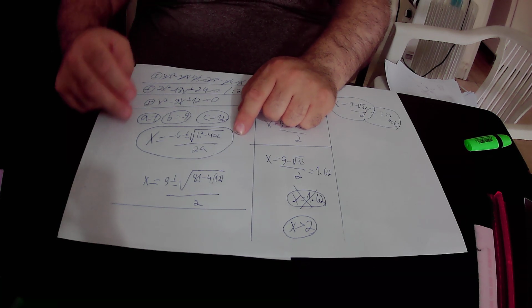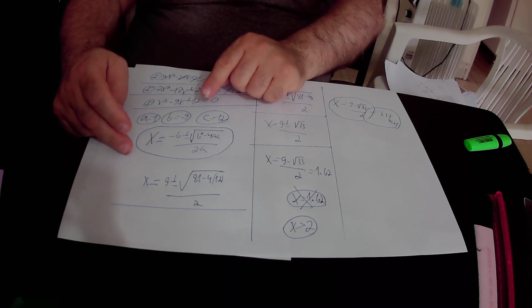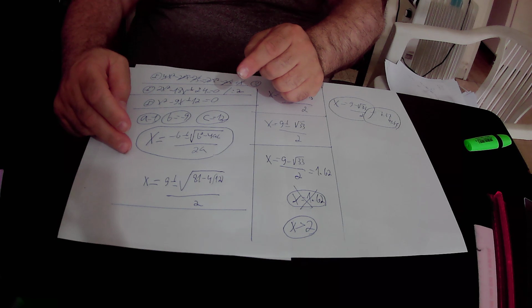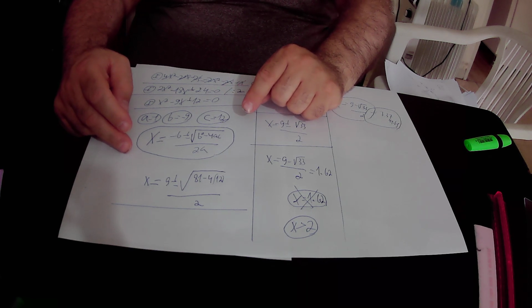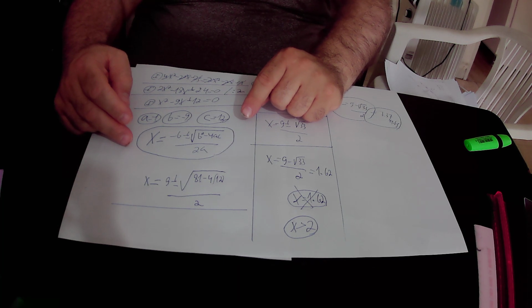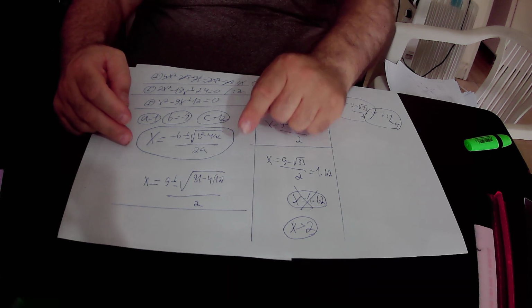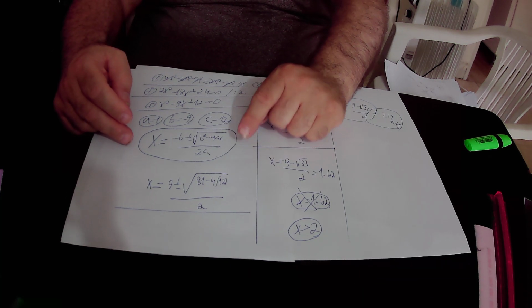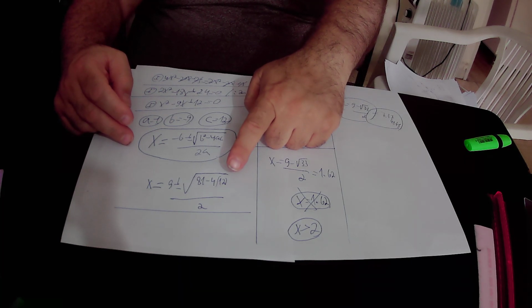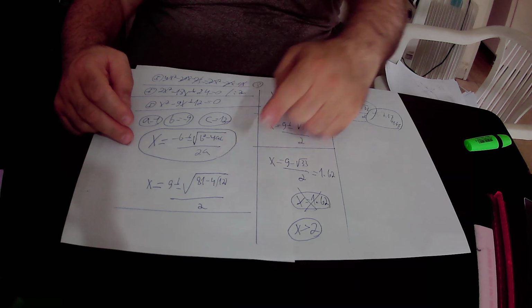So here x equals minus b, b is minus 9, so minus b is plus 9, plus minus square root of b squared. B equals minus 9, so b squared is 81, minus 4 times a is 1, times c is 12, so it is minus 4 times 12 over 2a. A is 1, so 2 times 1 is 2.